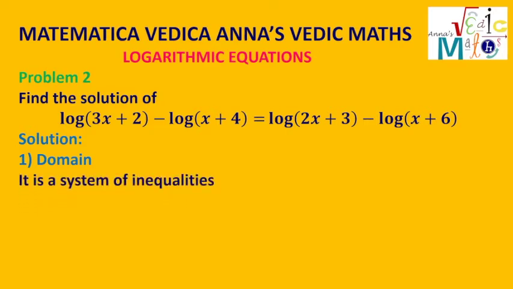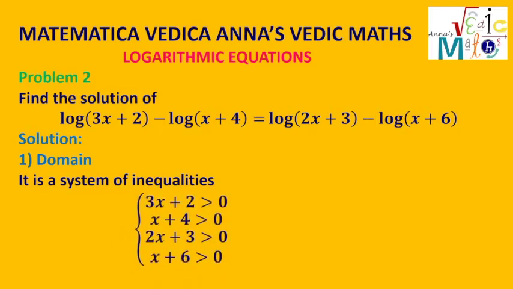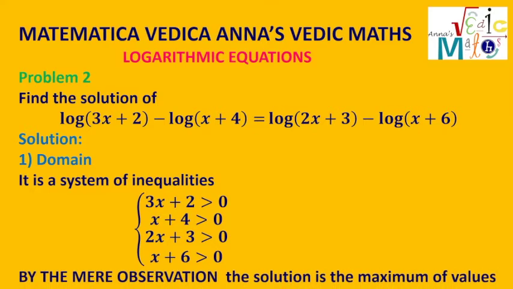This means a system of inequalities: 3x plus 2 greater than 0, x plus 4 greater than 0, 2x plus 3 greater than 0 and x plus 6 greater than 0. By the mere observation, we know that the solution is the maximum of values. This means x greater than minus 3 over 2.